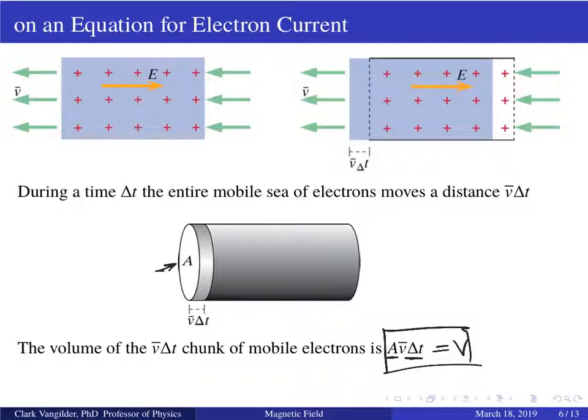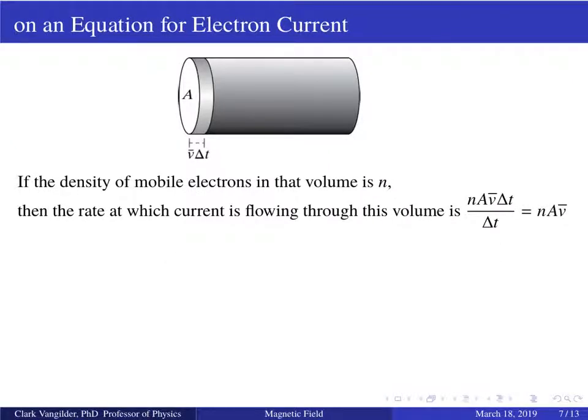So now we are taking advantage of the geometry of the situation and seeing where that leads us. So volume, big V for volume, not voltage or speed. Okay. So here's this little thing here: the density of the mobile electrons in that volume.